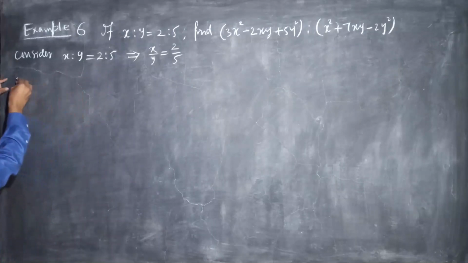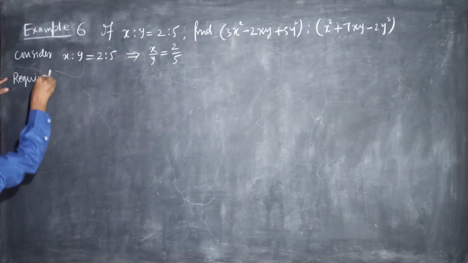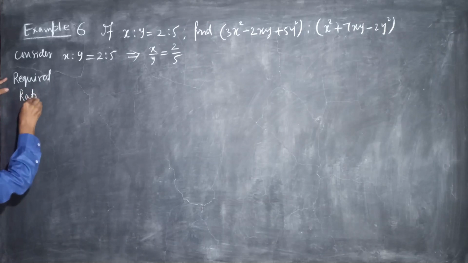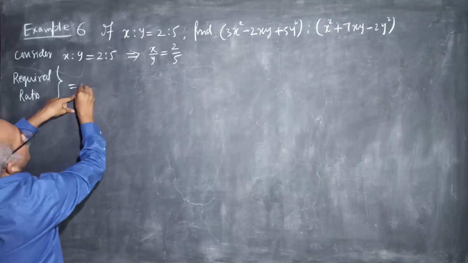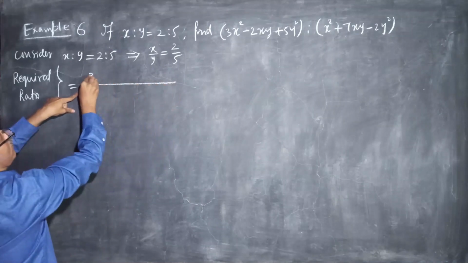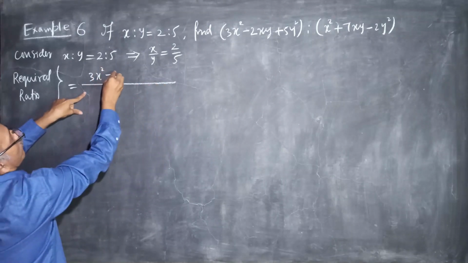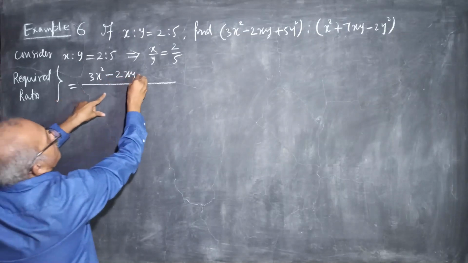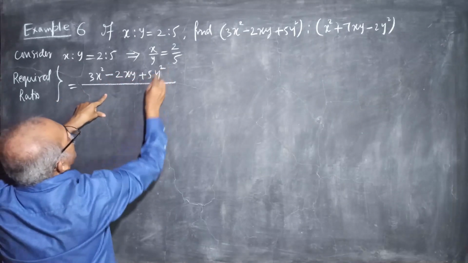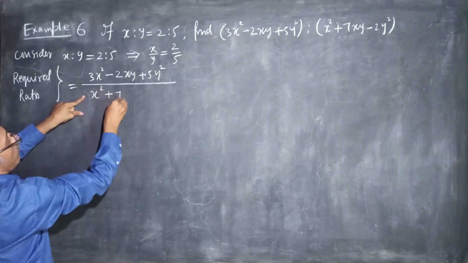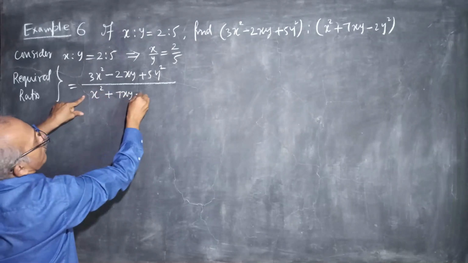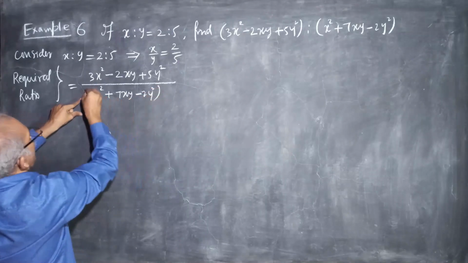Now the required ratio is 3x square minus 2xy plus 5y square divided by x square plus 7xy minus 2y square.